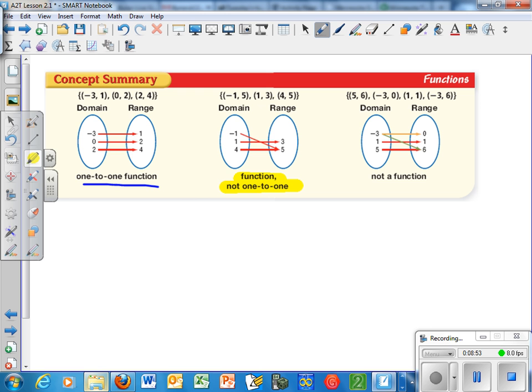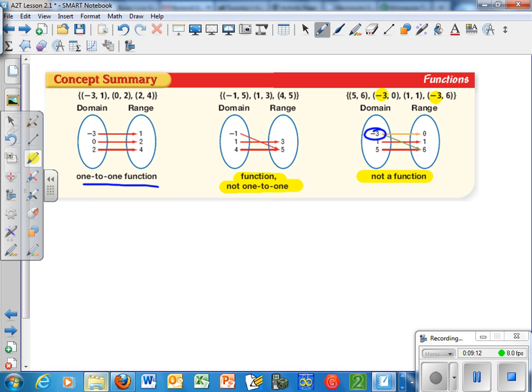Okay, this one over here is not a function. Here's the reason. This domain value, -3, gets mapped to 0 and it gets mapped to 6. If you think about graphing these two, we got -3 in twice.